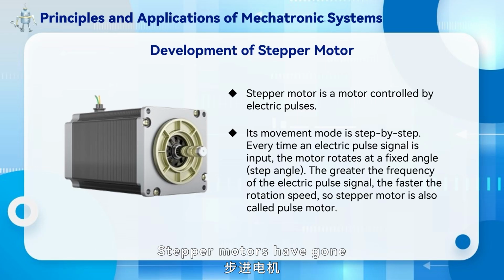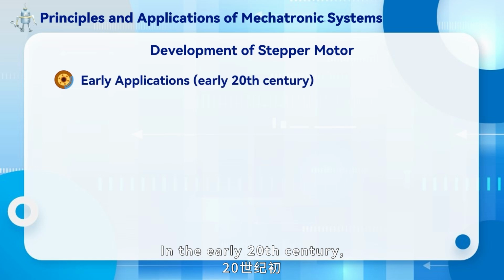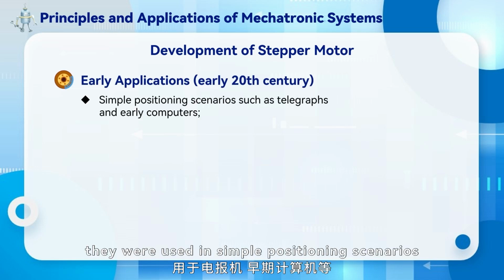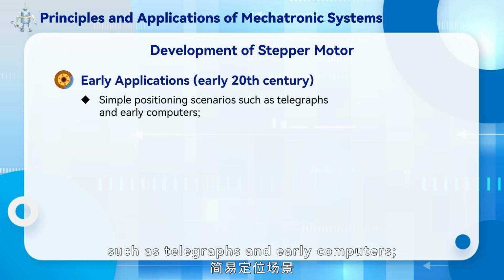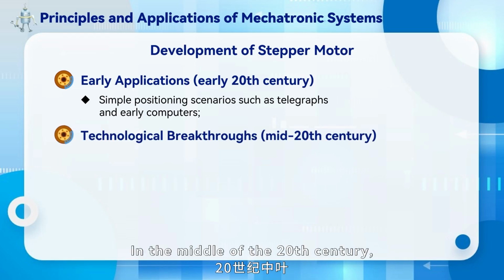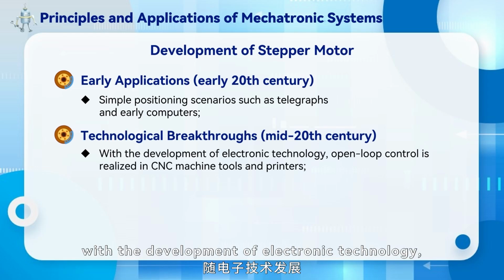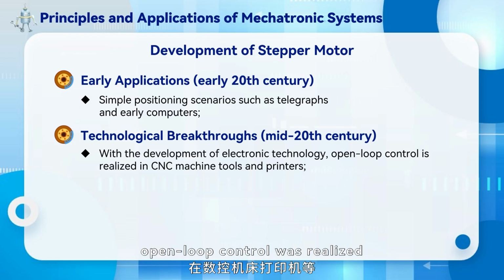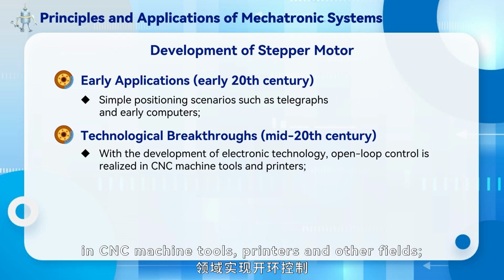Stepper motors have gone through 3 development stages. In the early 20th century, they were used in simple positioning scenarios such as telegraphs and early computers. In the middle of the 20th century, with the development of electronic technology, open-loop control was realized in CNC machine tools, printers, and other fields.